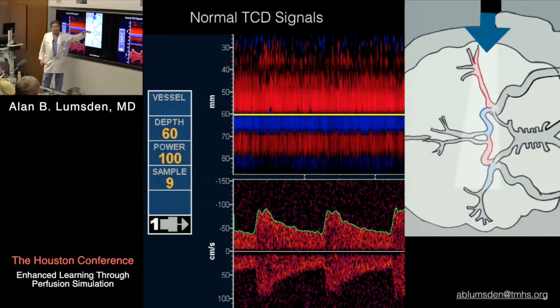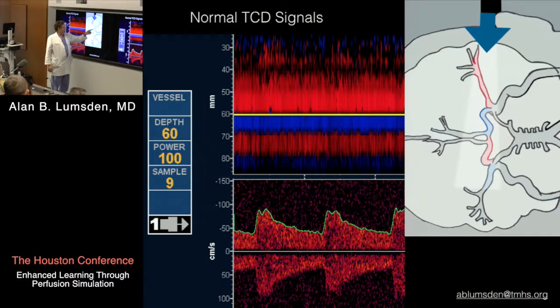So when you turn Doppler on, whether it's echo, peripheral ultrasound, blood coming towards the probe is red. Just by convention, it's depicted red. Blood flowing away from the probe is showing up as blue. Okay? In theory, the middle cerebral artery should be coming towards your probe, it should be red.